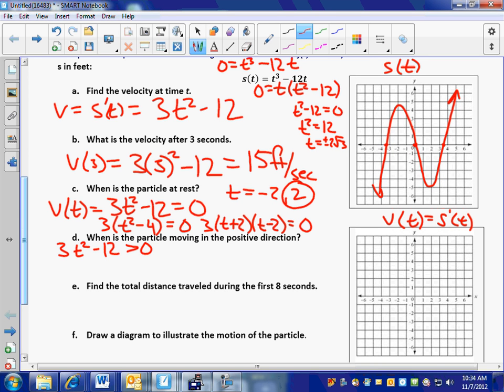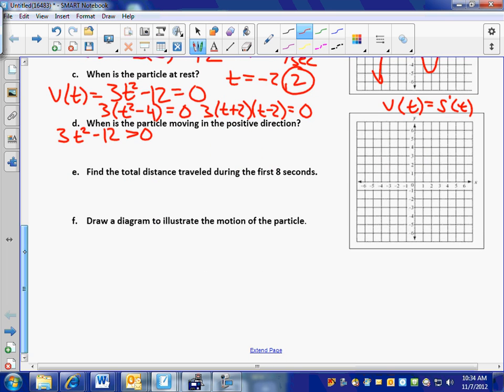So, where the graph is positive is where it should be, when I draw the derivative, above the x-axis, and where the derivative is negative is where it will be below the x-axis.